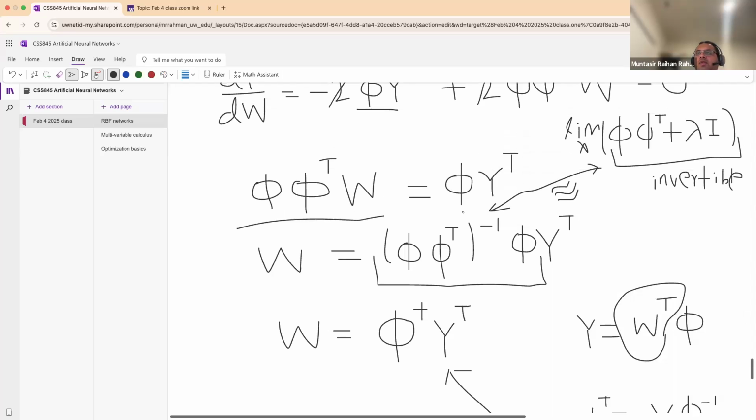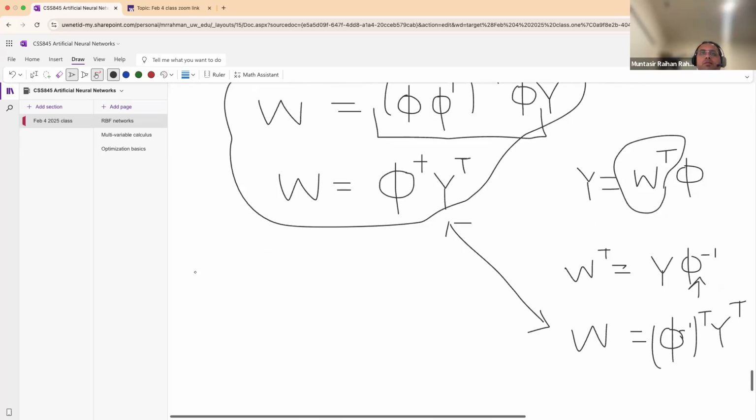These are the closed form learned weights for the RBF network.